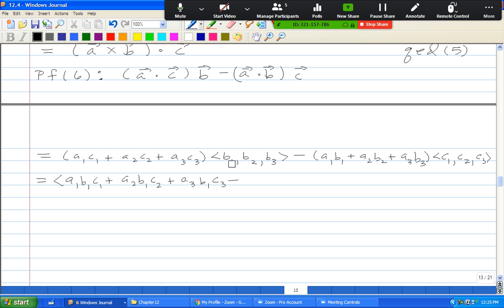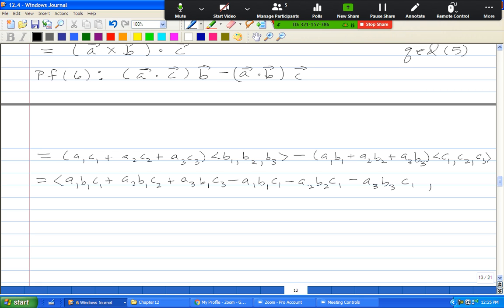That's this first component here. Minus A1 B1 C1, A2 B2 C1, A3 B3 C1. I messed up. This is the first component, so this is all times C1.